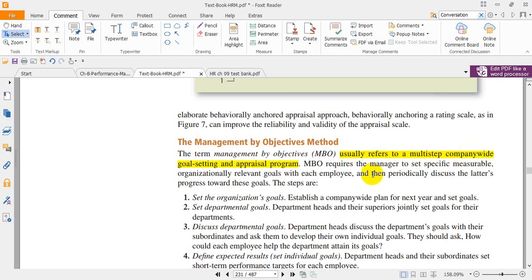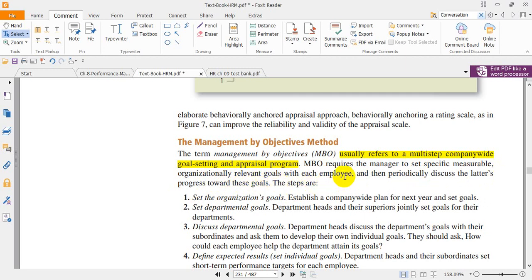MBO requires the manager to set specific, measurable, organizationally relevant goals with each employee, and then periodically discuss the latter's progress toward these goals.